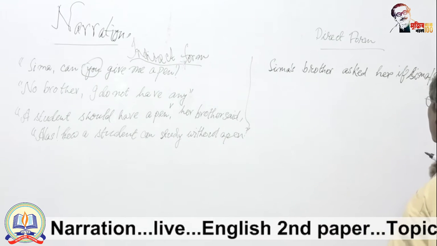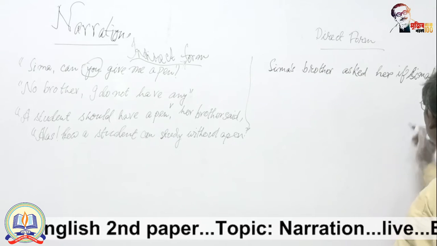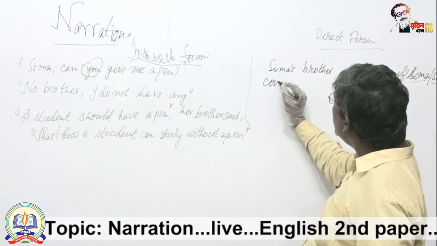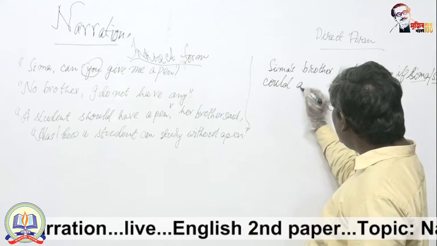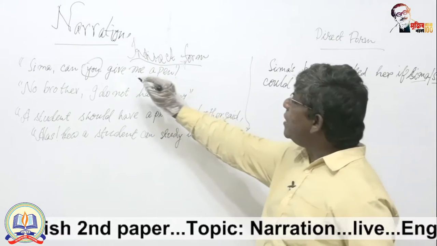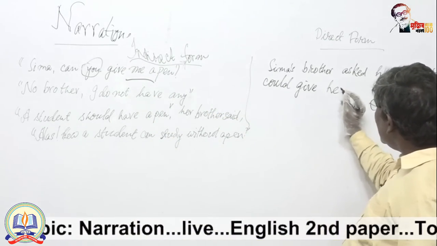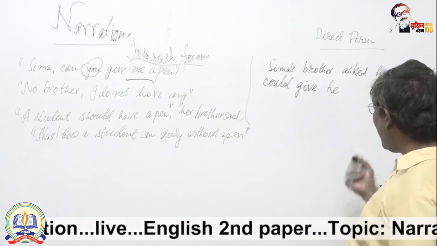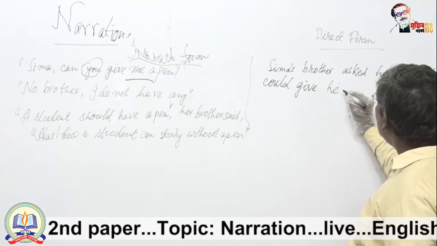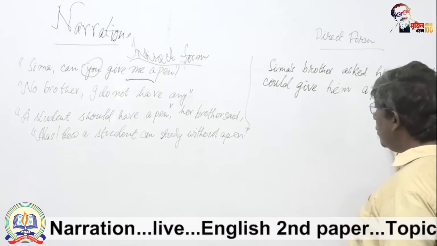Shima's brother asked her if Shima or she could give me, means the speaker is Shima's brother. Since the gender is different, we can write he could give him a pen.